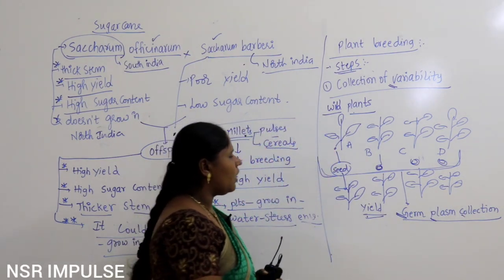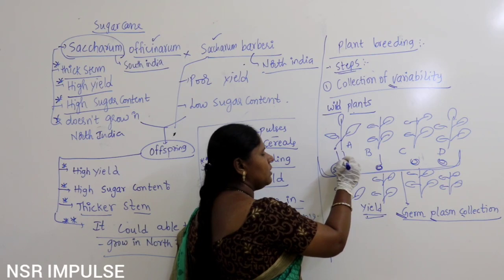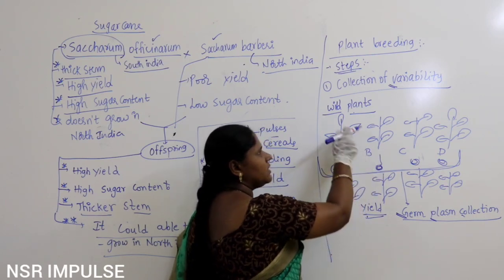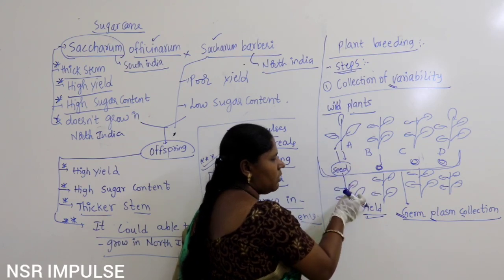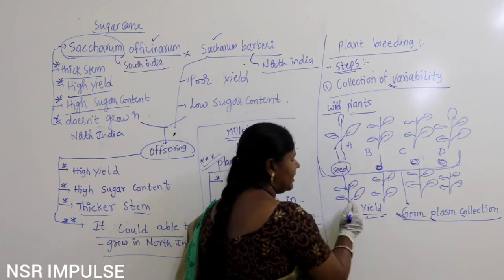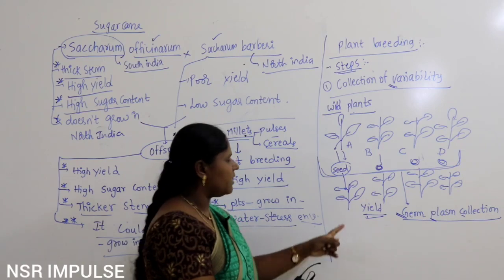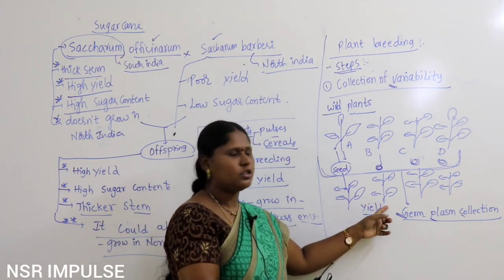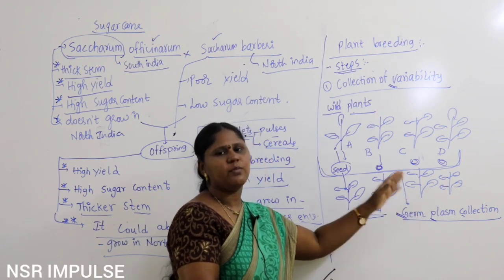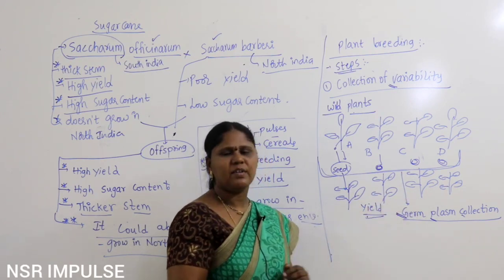Now, what do I do now? After taking the seed, to check whether it really gives the same characteristics I observed from the parent or not, again I will put it in the soil, I will grow the plants and I will see the characters. First plant is giving bigger size of the rice, second plant is giving highly nutritional rice, third plant is having high protein content, fourth plant is having disease resistance.